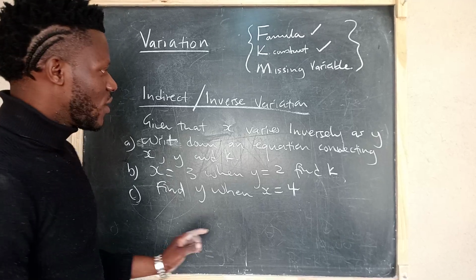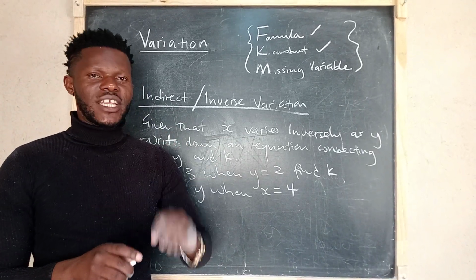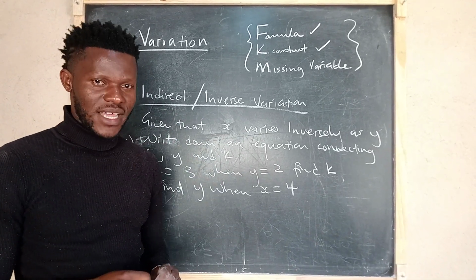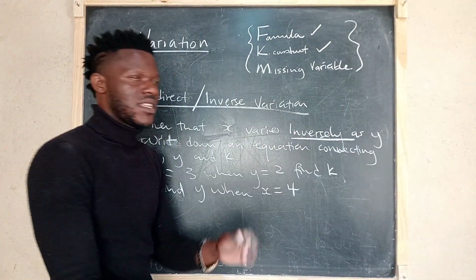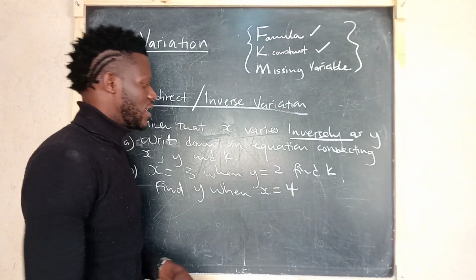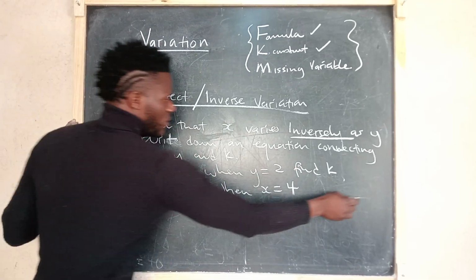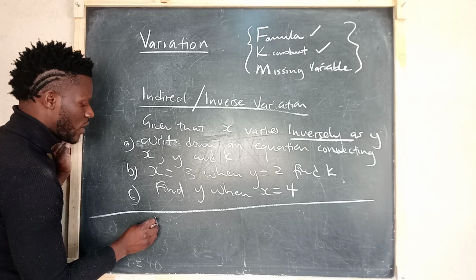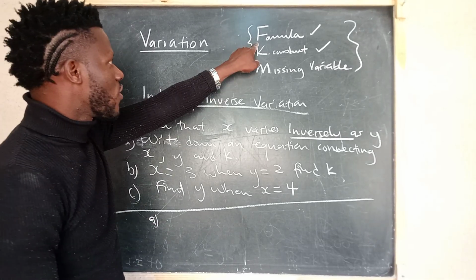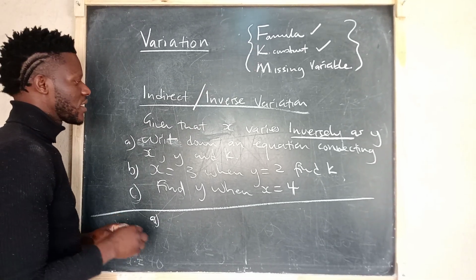Alright. The only difference between direct variation and indirect variation is that in inverse variation, they specify the word inversely or indirectly. Let's go through the first part of the question, number A, formula. When you talk of formula, you go through the given description.